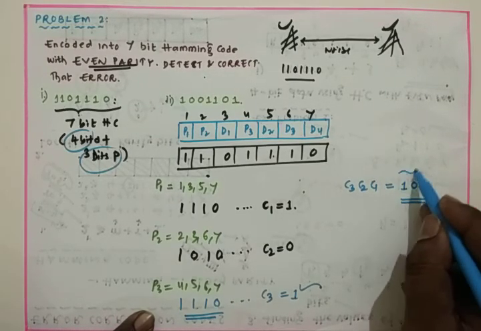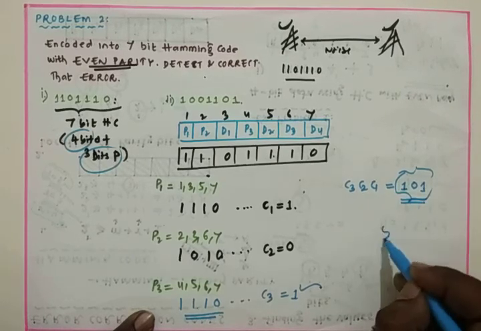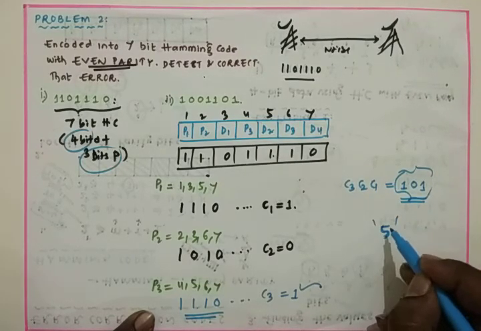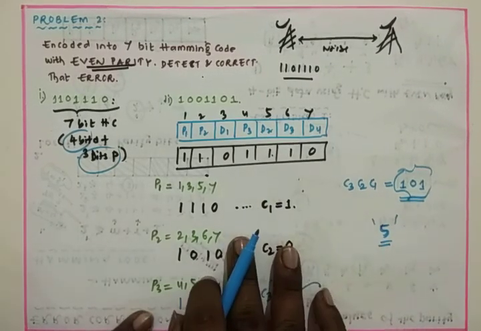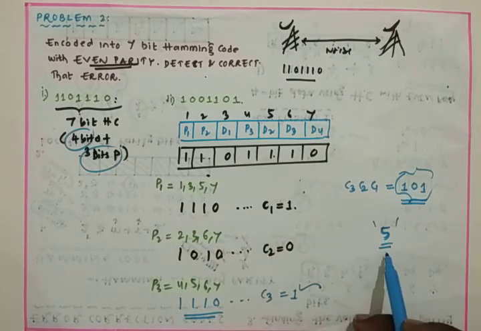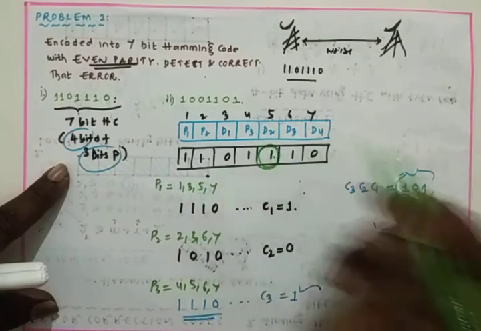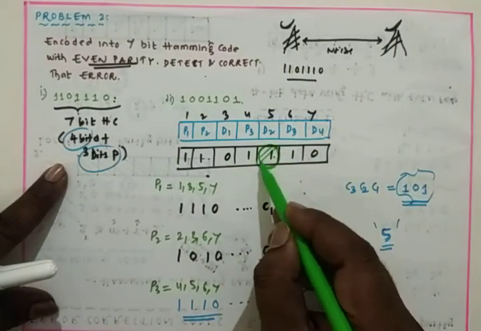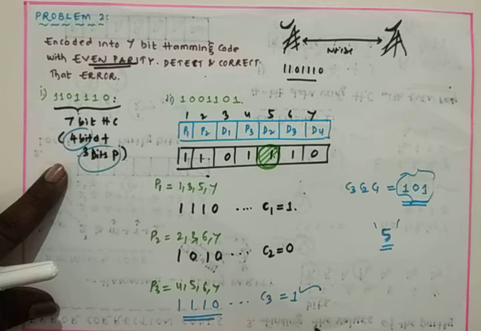So 101 means it is a 5. Here we can say that in the 5th position there is an error. What do we have in the 5th position? We have 1. We are saying this 1 is an error, so the correct one is 0.